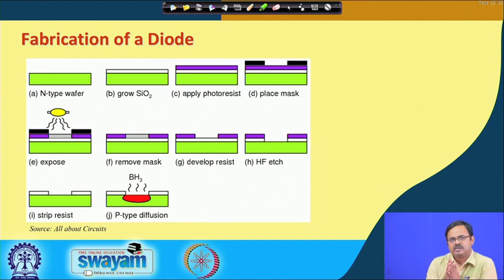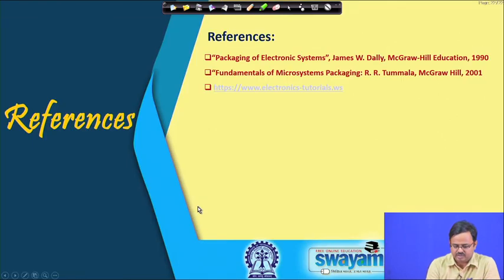Sometimes it is in the form of boron hydride, but what happens is that boron atoms get diffused into this N type semiconductor. And therefore, what is this boron when it is diffused in the N type semiconductor? This becomes a p type. And then the final step which is not shown is, maybe if I say this is step K, sorry.